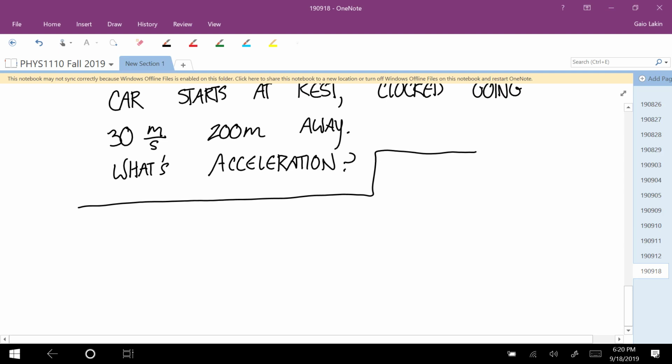Okay, so let's just go through the steps carefully. Step 1, we have to choose a 0 position and a positive direction. And I'm going to draw a picture of this. So here's the car.